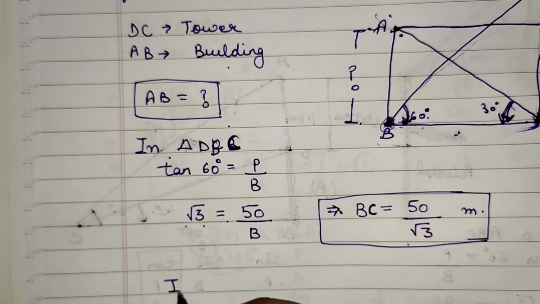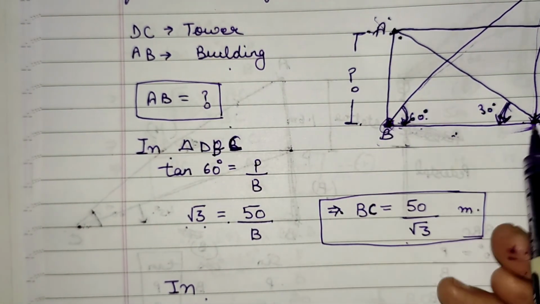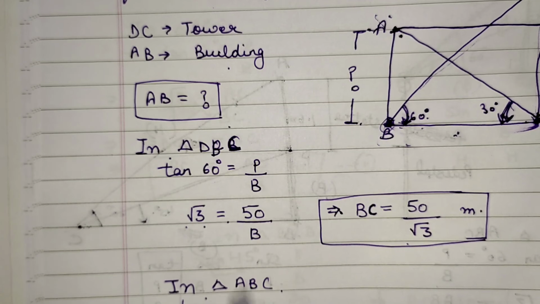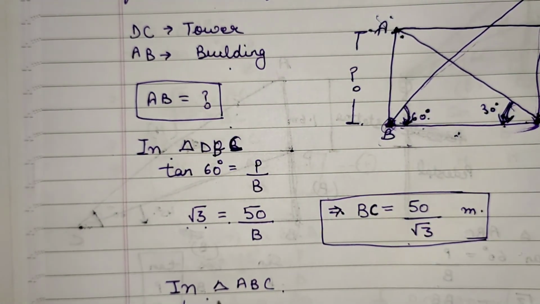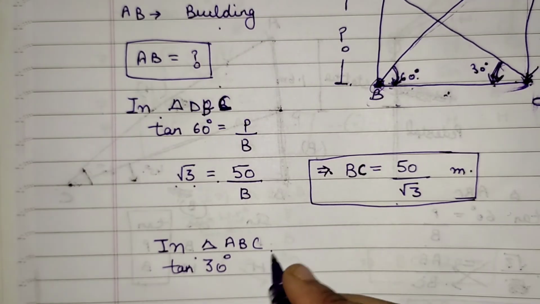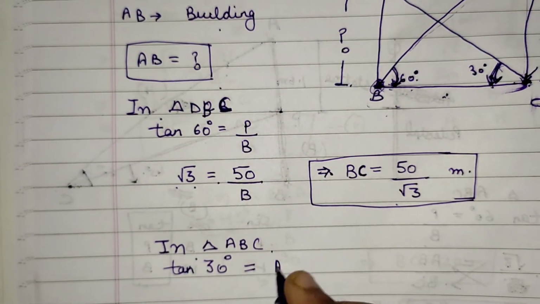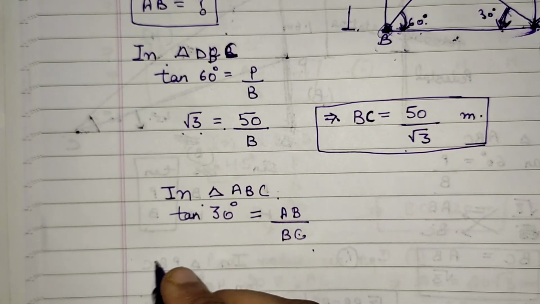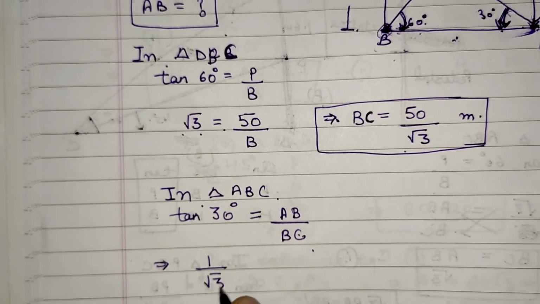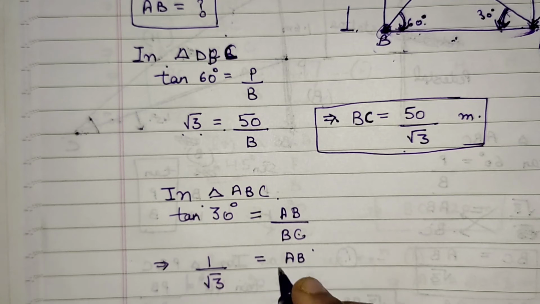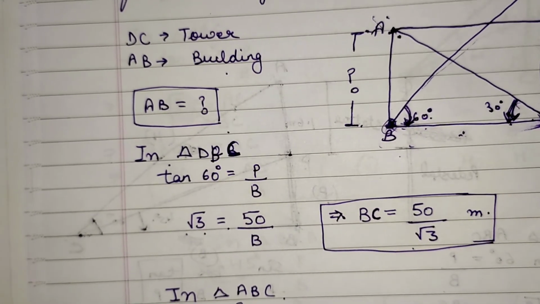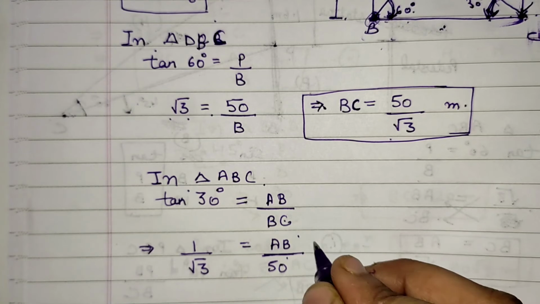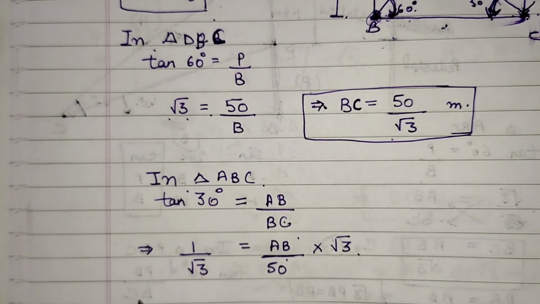Now in the other triangle, triangle ABC, the angle is 30 degrees, equal to perpendicular by base. Perpendicular is my AB and base is my BC. I know that tan 30 is equal to 1 by root 3, AB I have to find out, and BC we derived earlier, which is 50 by root 3.